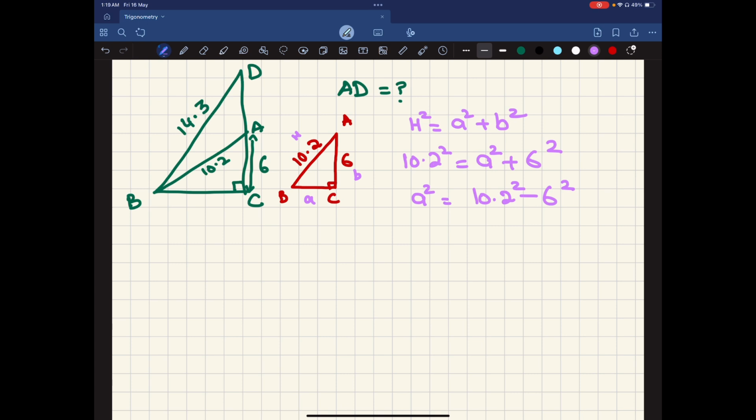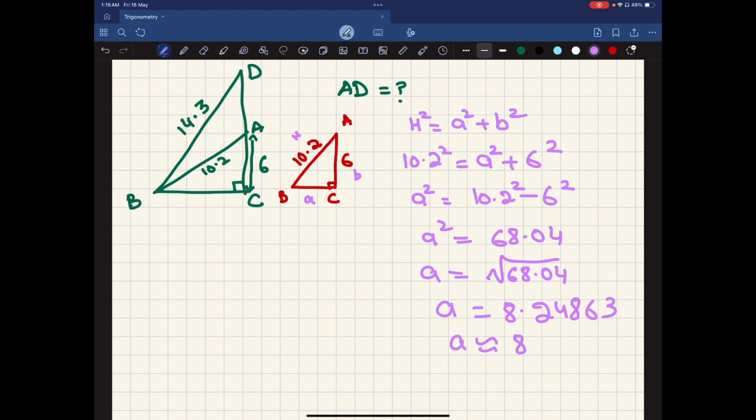So 10.2 squared minus 6 squared is 68.04. A squared is 68.04. A is going to be the square root of 68.04. So it is 8.24863, can round it off to 8.25 centimeters.